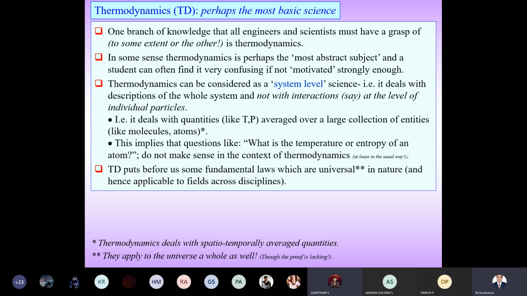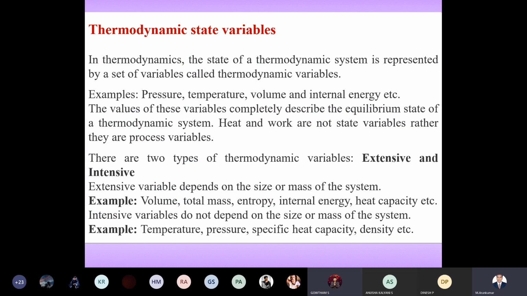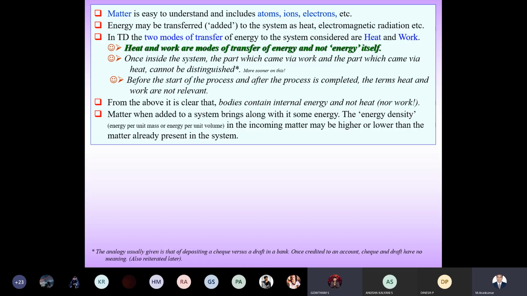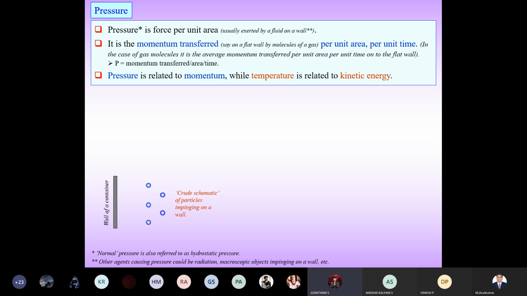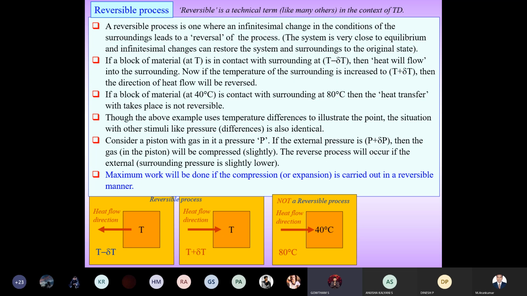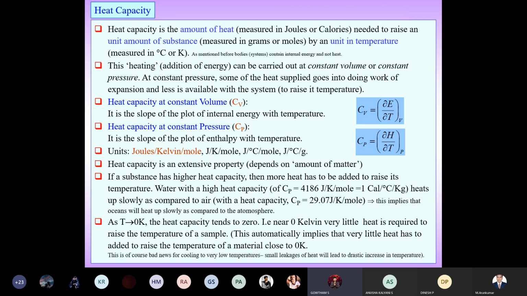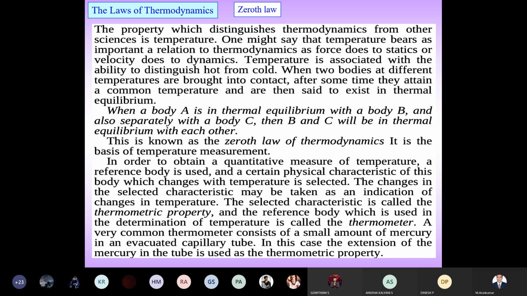Let me know what the zeroth law of thermodynamics is. I have another slide to explain the zeroth law of thermodynamics. This is an exact explanation.